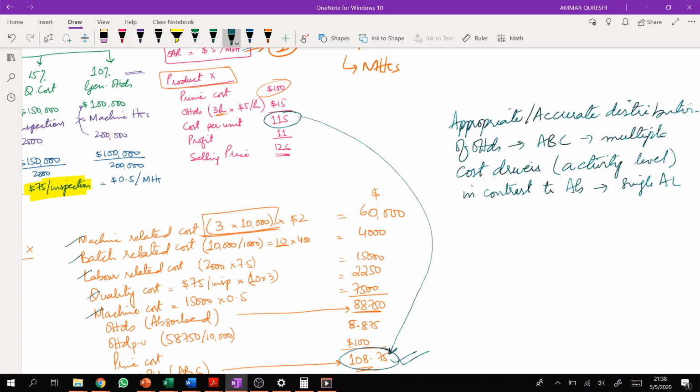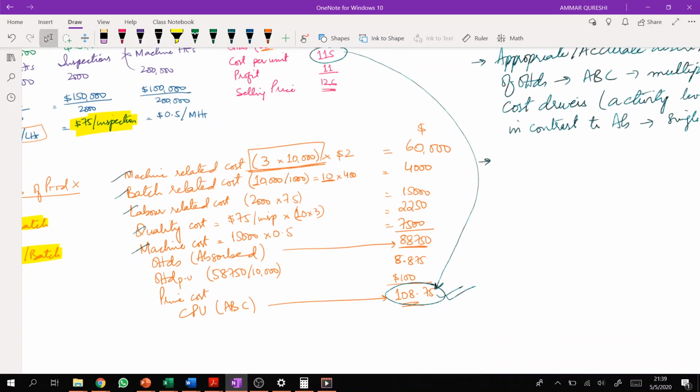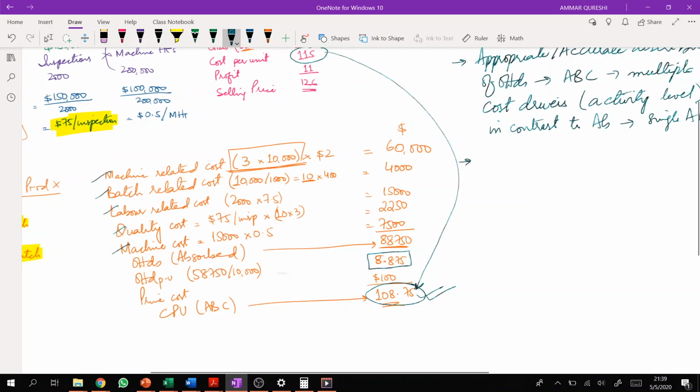Is there any other benefit which we can get? Yes, there is another benefit. If you distribute overheads by using activity based costing, you will get a detailed idea about the overheads which are related to the product. For instance, we know that overall cost is 8.875 per unit, right?